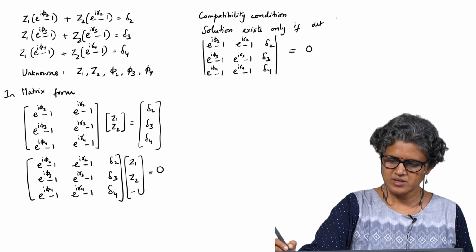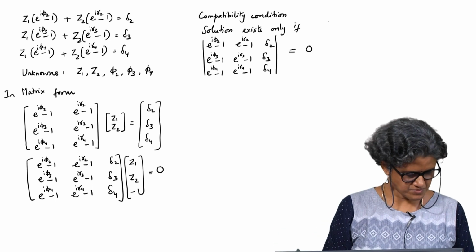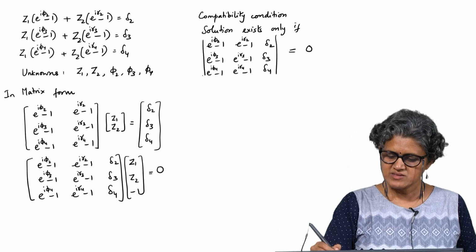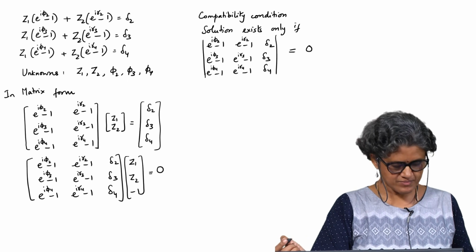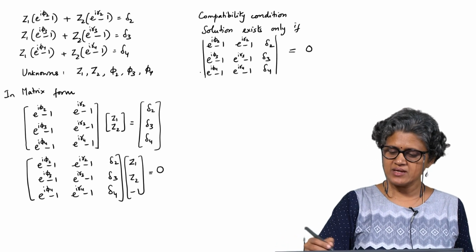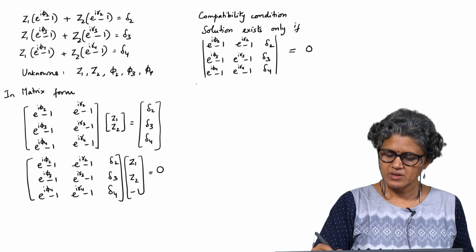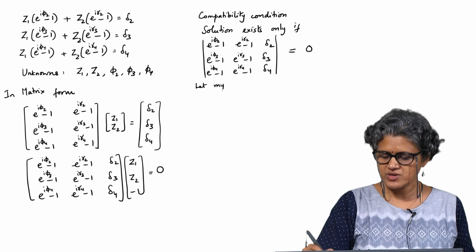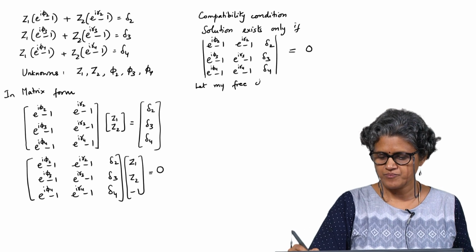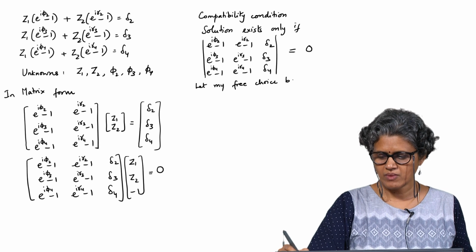So, this is the determinant of that matrix. So, I have only one free choice. Okay. Let us say I take, let my free choice be phi 2.